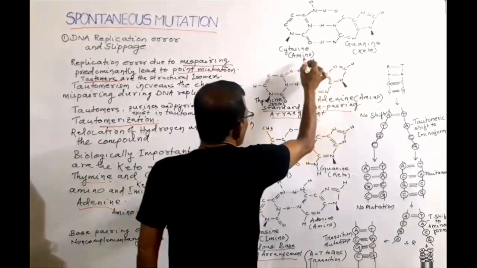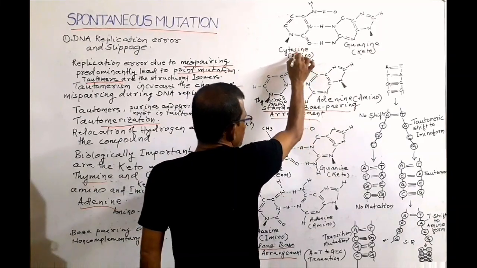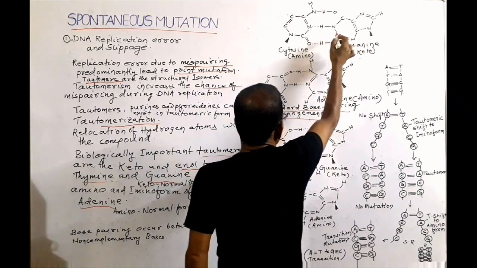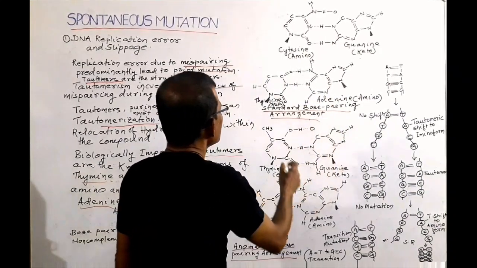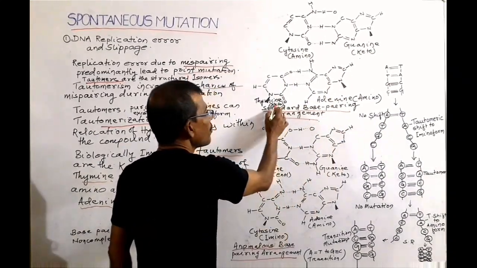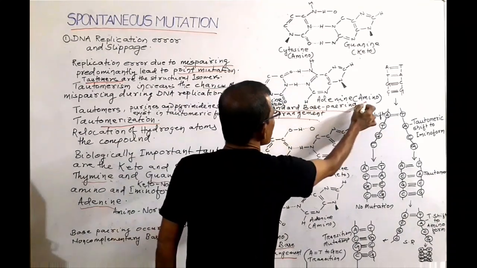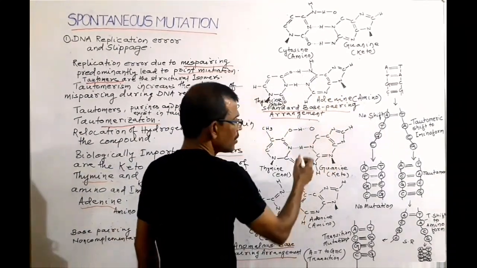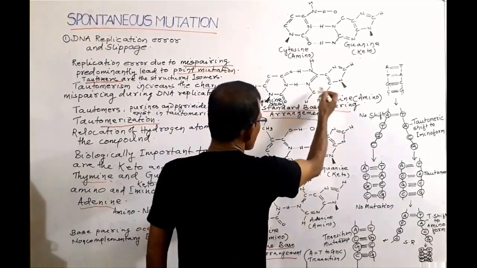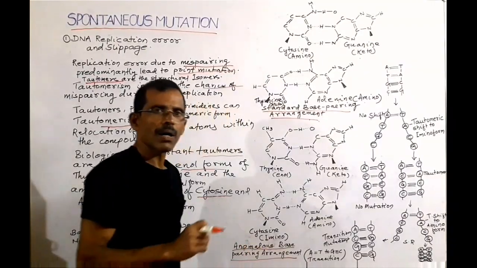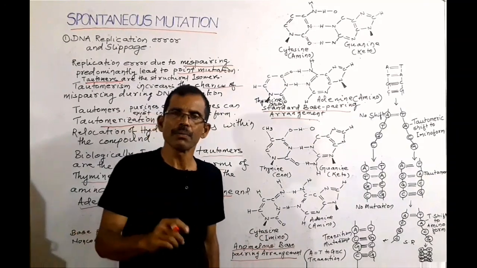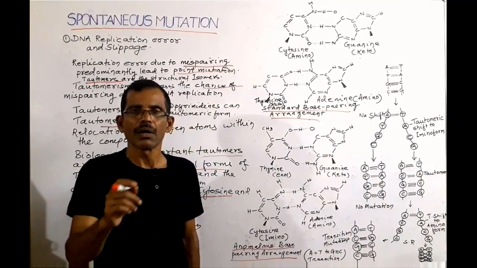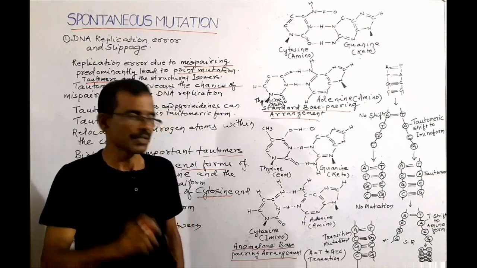So between amino form of cytosine and keto form of guanine, there is standard base pairing. Similarly, thymine keto form and adenine amino form can also base pair normally. So this is another standard base pairing. So normal base pairing occurs between keto form and amino form of complementary nitrogenous bases.